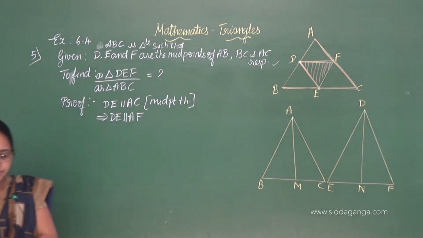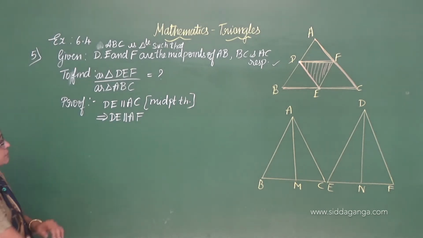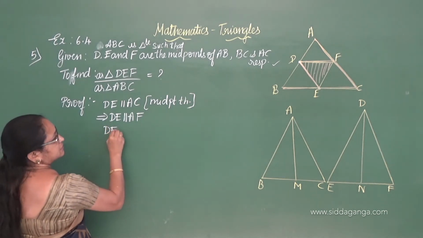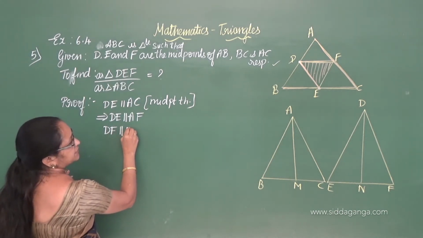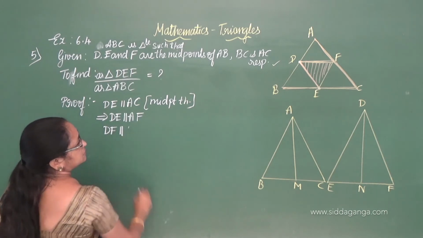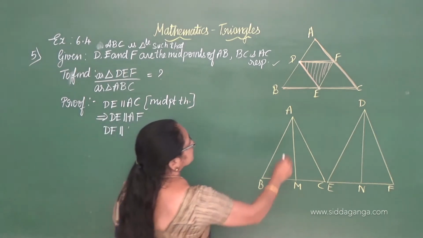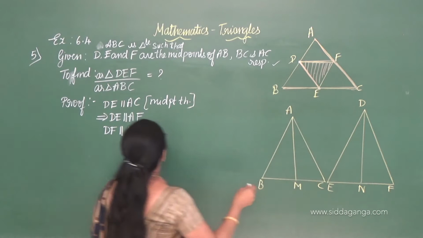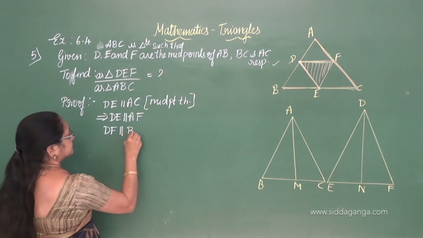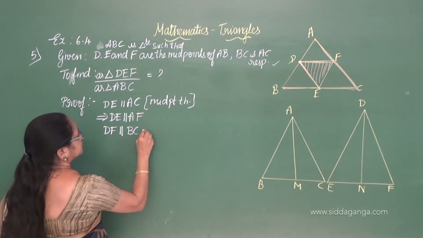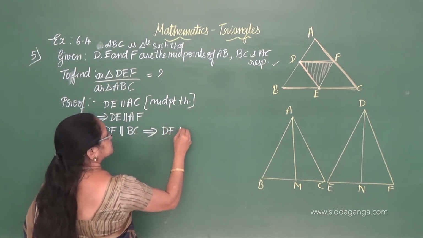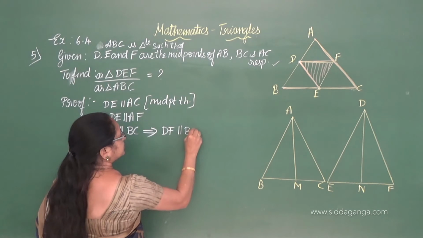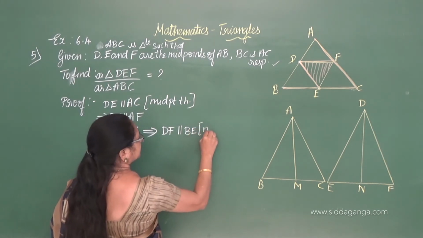Now next one, DF is parallel to BC. DF is also parallel to BE by the midpoint theorem.